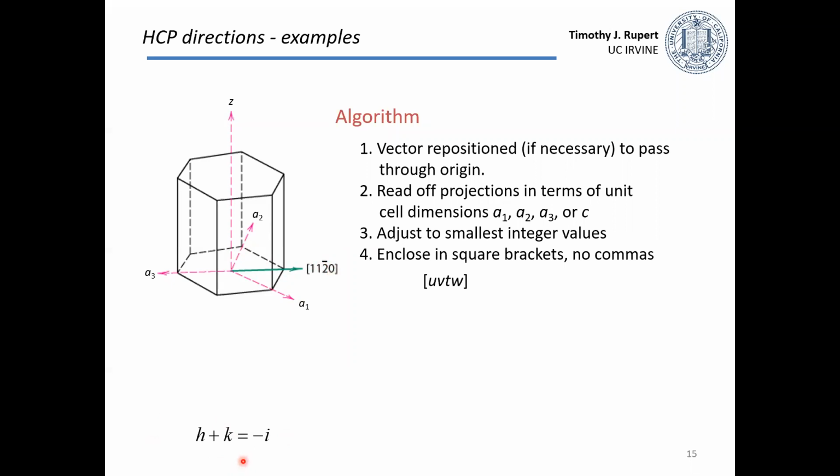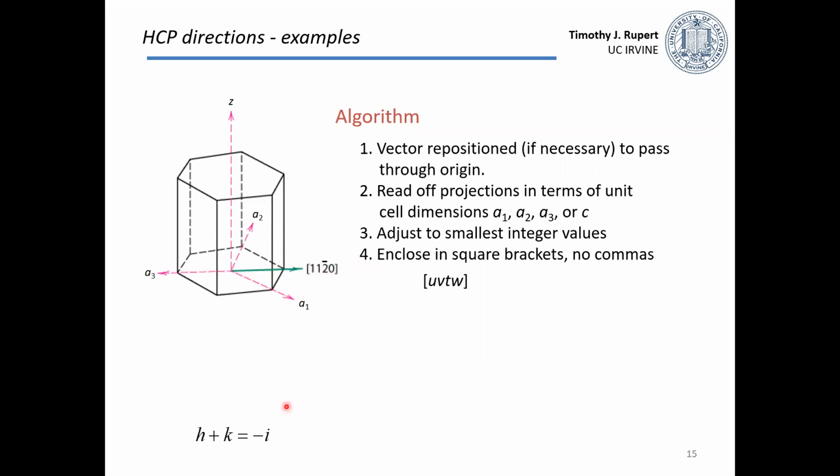And that doesn't fit my rule, okay? So I have to find a different iteration that does. So it turns out that if I move 1 unit in A1 and 1 unit in A2, I end up back in line and form that straight green line, okay?